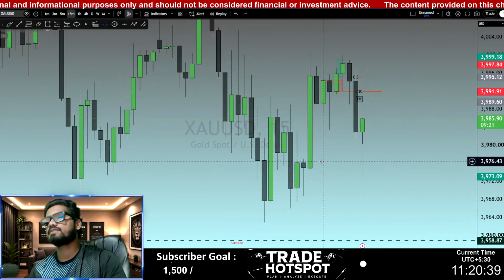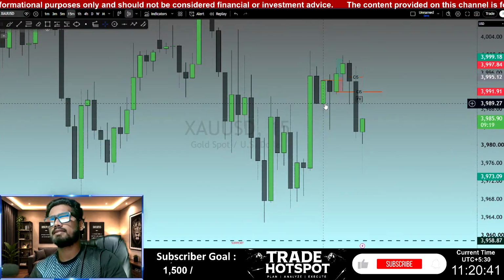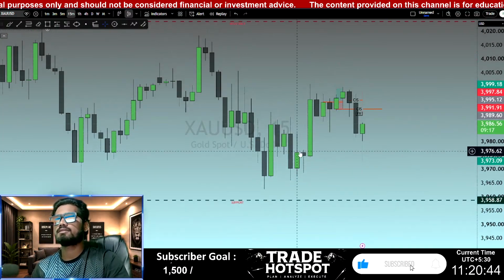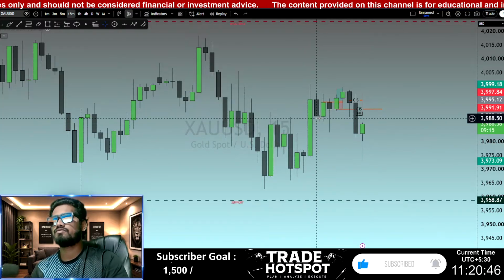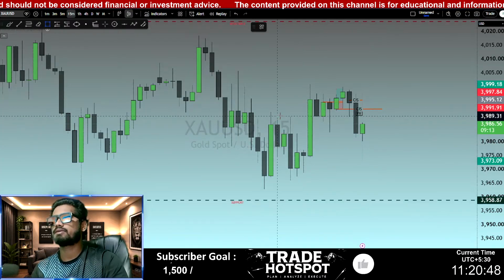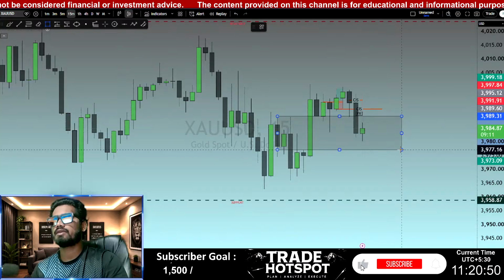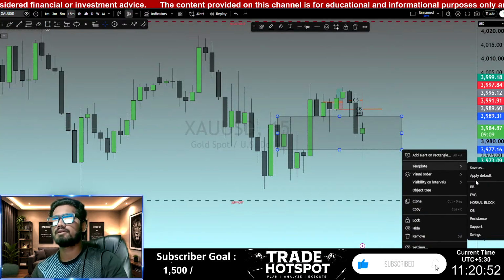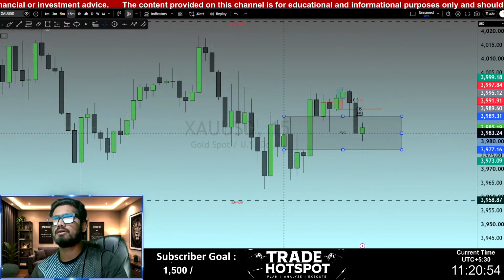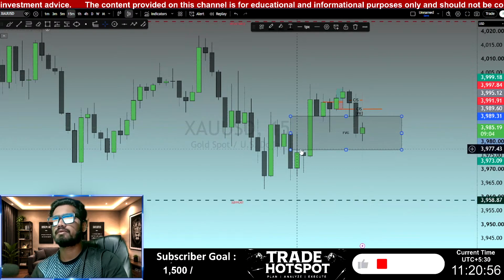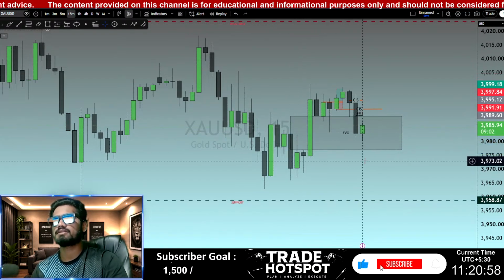You can see in 15 minutes this is a point of interest area, right? You can see this is a fair value gap here.